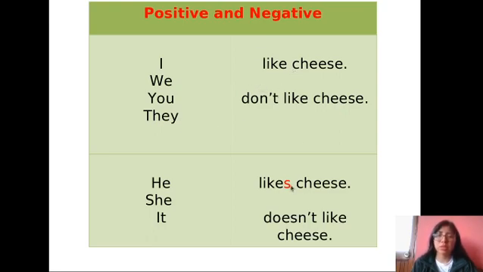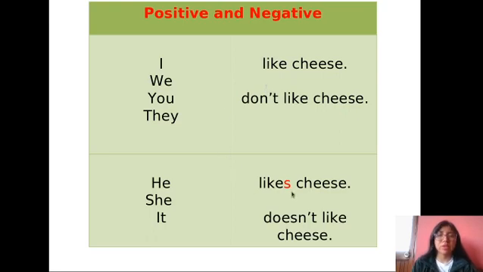Okay, so pay attention to the change. Ponga atención al cambio, ¿no es cierto? En los pronombres de tercera persona del singular usted tiene que poner una extra s en el verbo. En el resto de pronombres usted tiene que utilizar en afirmativas el verbo en su forma base.